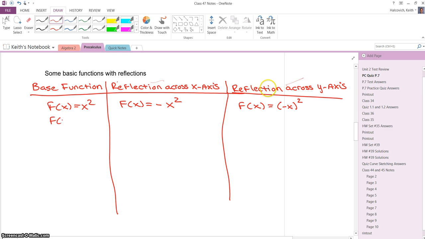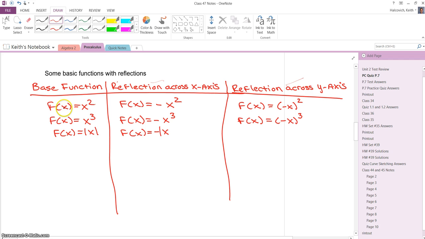For the cubic function, if we wanted to reflect it across the x-axis, we'd put the negative sign outside. If we want to reflect it across the y-axis, we'd put the negative sign inside the parentheses. Absolute value, same thing. If we want to reflect it across the x, we put the negative sign outside.